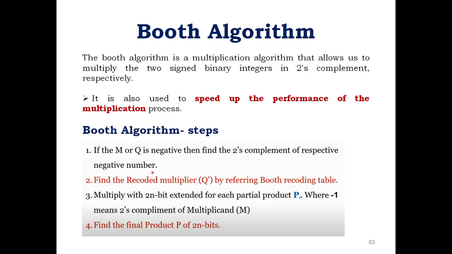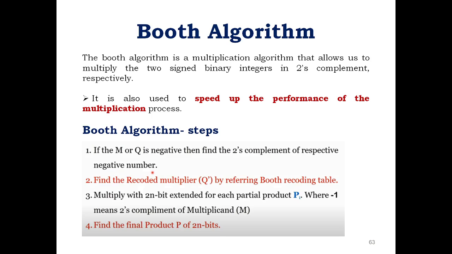Now we'll see the basic steps required for Booth algorithm. In step 1, if the multiplicand or multiplier, m or q, is negative, then find the 2's complement of the respective negative number. Step 2, find the recoded multiplier q dash by referring to the Booth recoding table. So for this algorithm we need to refer to a table which is called the Booth recoding table.